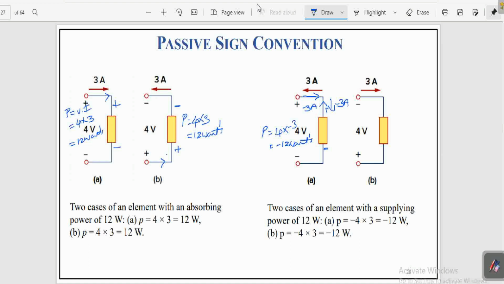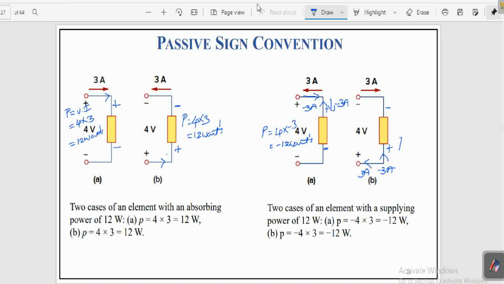Now let us take an example of B. This is your negative terminal and this is your positive terminal. Here 3 amps current is leaving from the positive terminal. If you want to make these 3 amps enter, then let us consider minus 3 amps. If 3 amps leaves from the positive, then minus 3 amps enters.